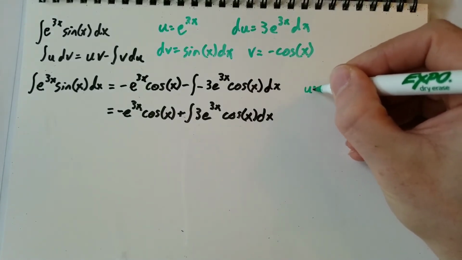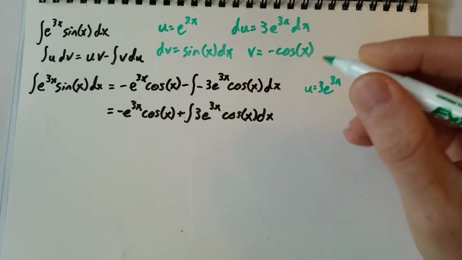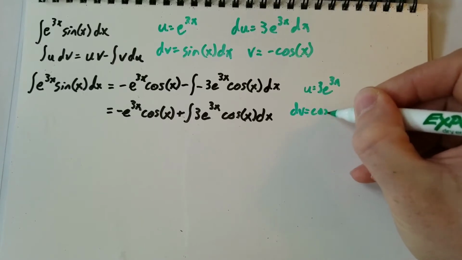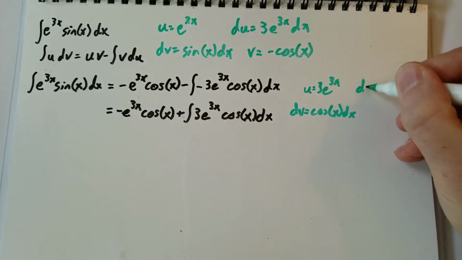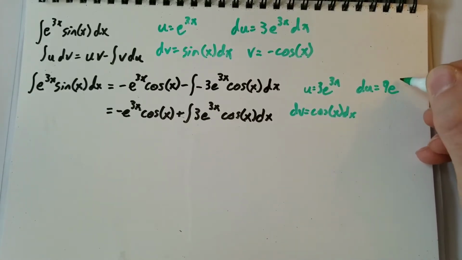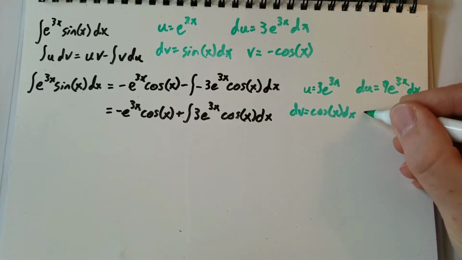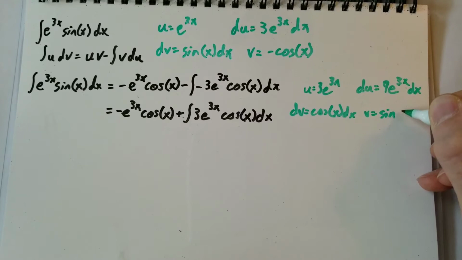Our u is going to be 3e to the 3x, and our dv is going to be cosine x dx. So our du is going to be 9e to the 3x dx, and our v is going to equal sine x.